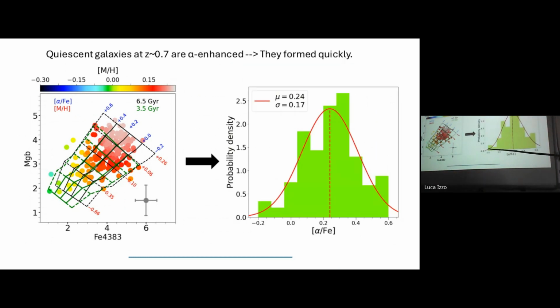You can see the distribution is peaked at 0.24, which means that most of these quiescent galaxies at median redshift 0.7 are alpha enhanced, which means that they formed very quickly, like their local counterparts.